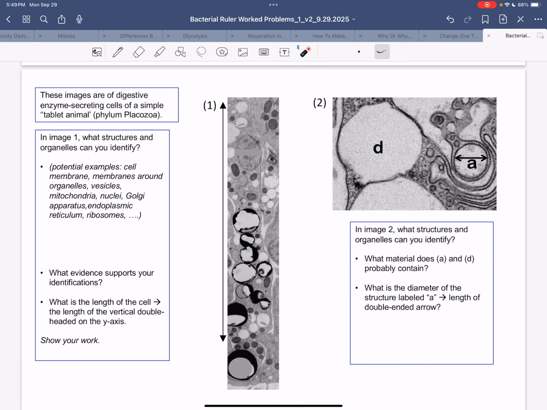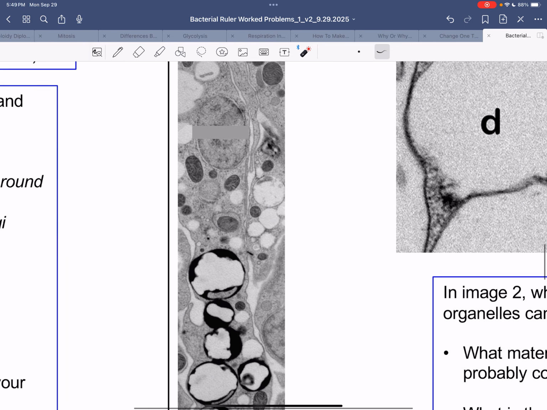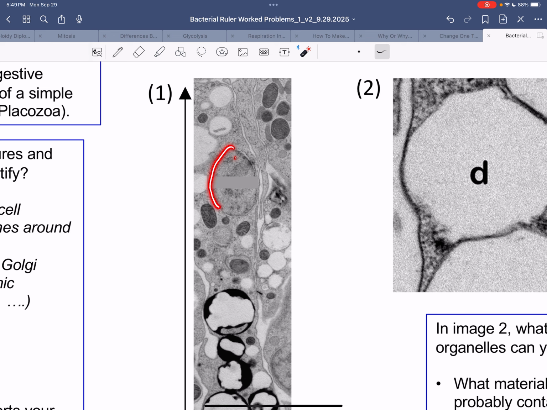So what clues do we have? Well, we have the membrane, and we could use that. We also have the nucleus, but a problem with the nucleus is if you have a spherical nucleus and you cut through it in the middle, you'll see the whole nucleus. But if you cut through it at the edge here, the nucleus will appear much, much smaller, only this large.